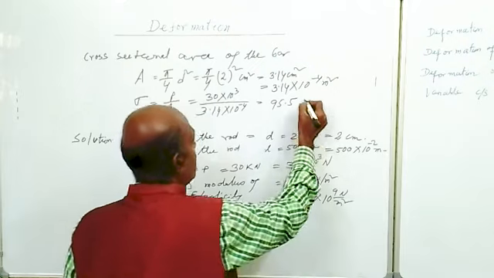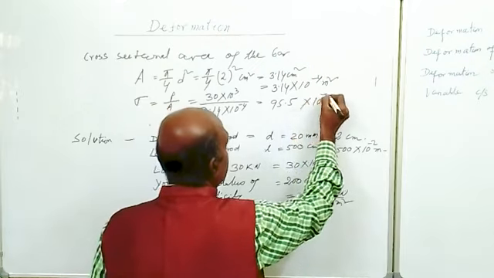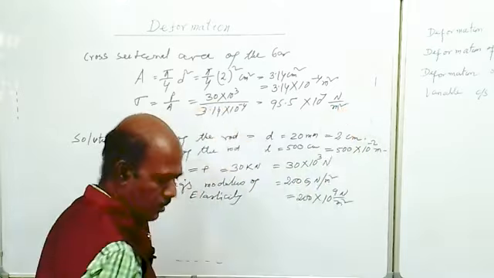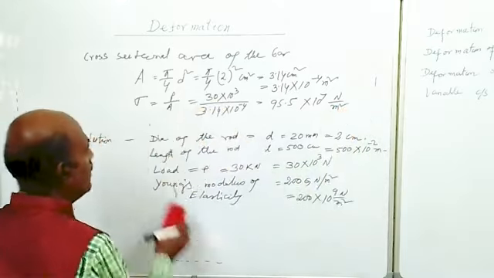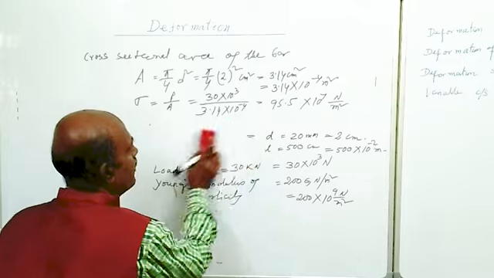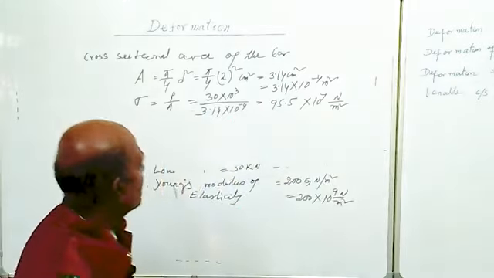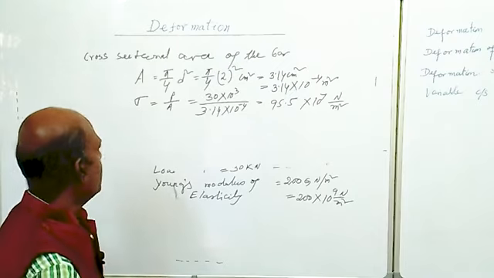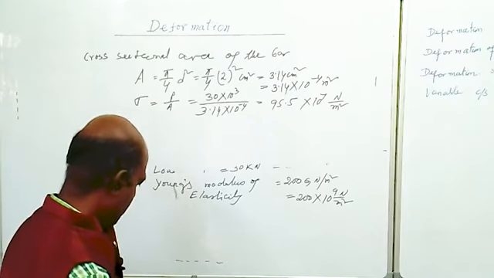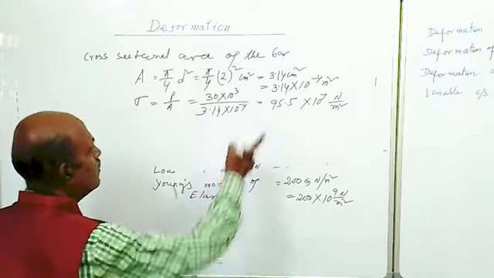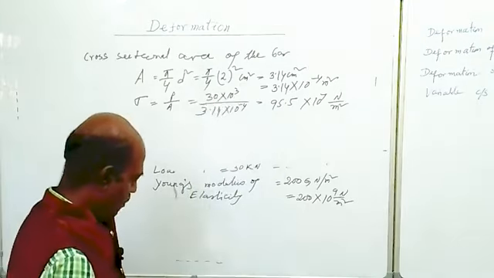It is coming 95.5 into 10 to the power 7 Newton per meter square. That is the stress developed in the bar, or intensity of stress. That is the solution of question number 1.